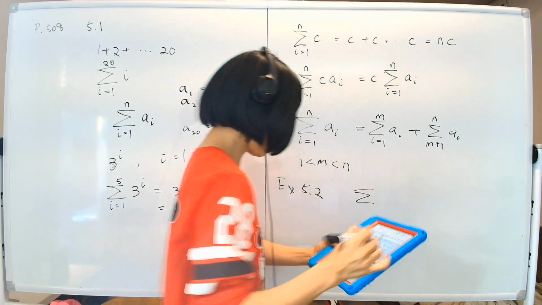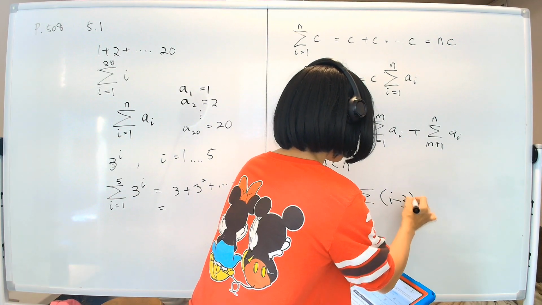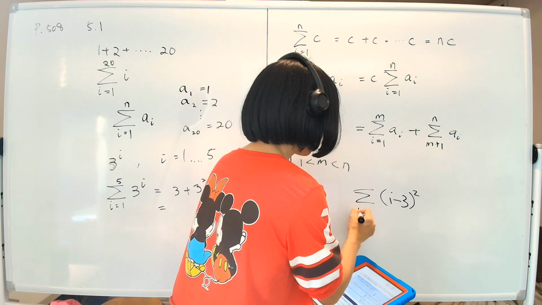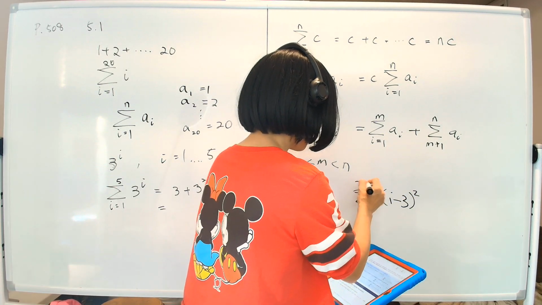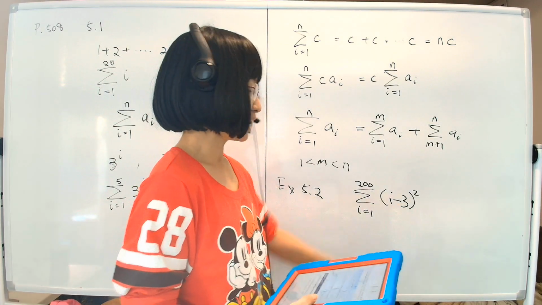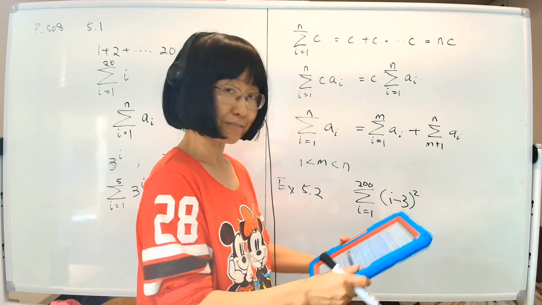What are we summing? (I minus 3) squared, for I going from 1 to 200. Now we most definitely don't want to punch this in the calculator and add it 200 times, right? That will take forever.